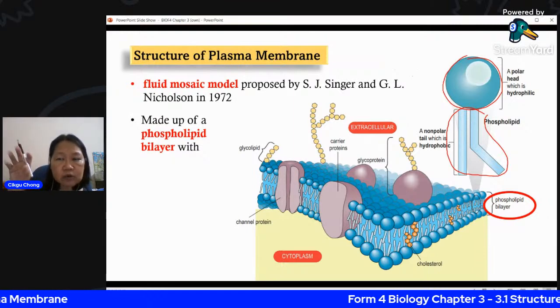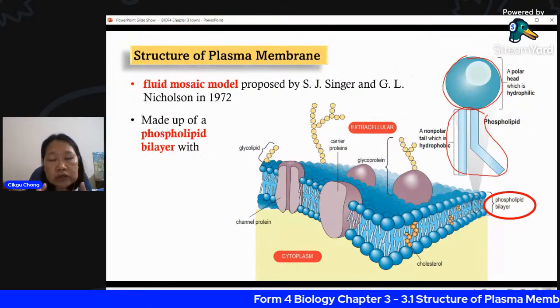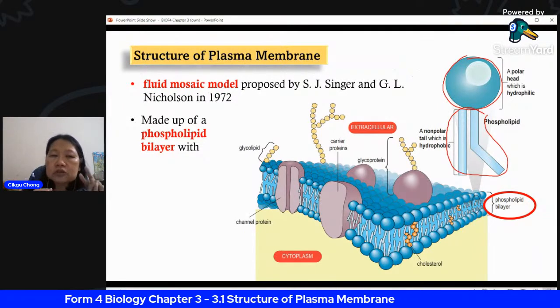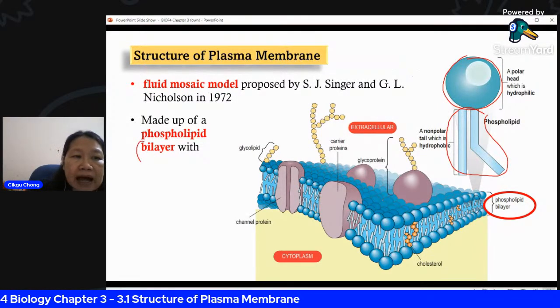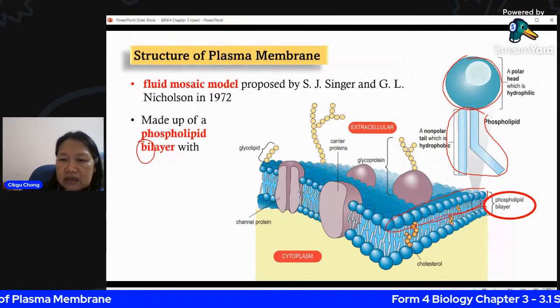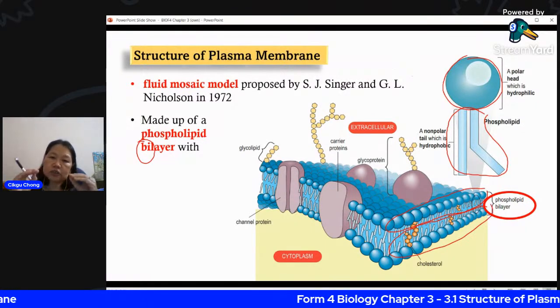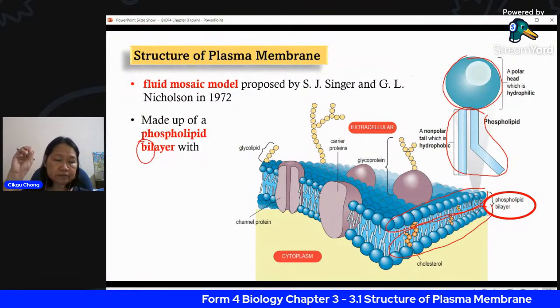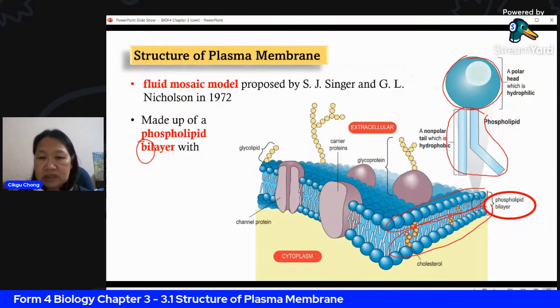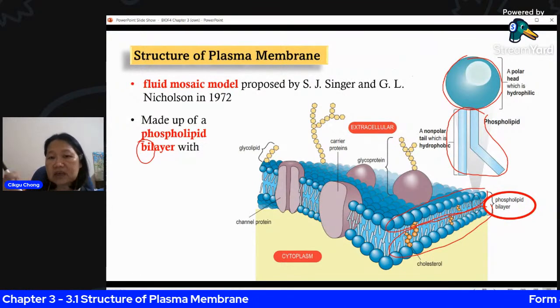So you have a head with two tails. This is one molecule of phospholipid, and you need many, many of them to form two layers, so we call it a bilayer. There's one layer here and another layer here. The heads are facing outside, with the tails meeting each other inside the internal part of the membrane.